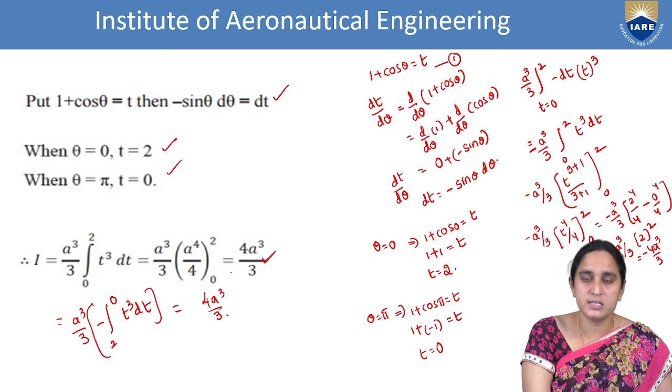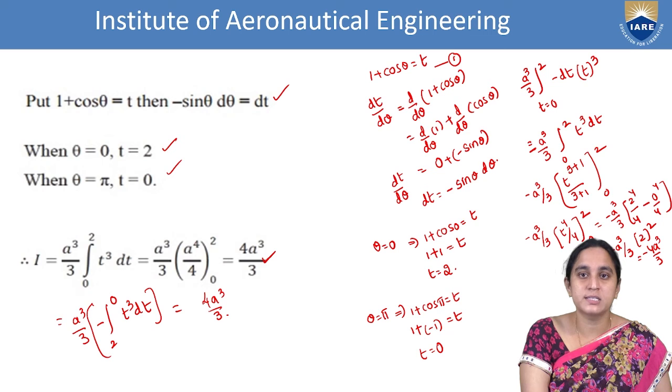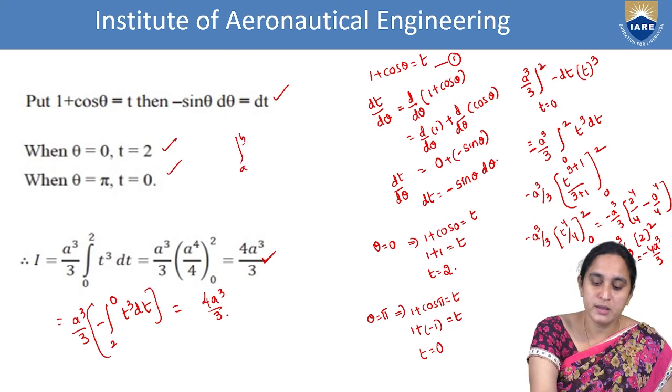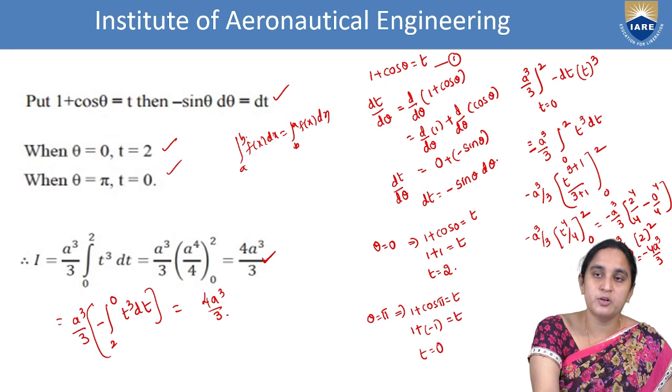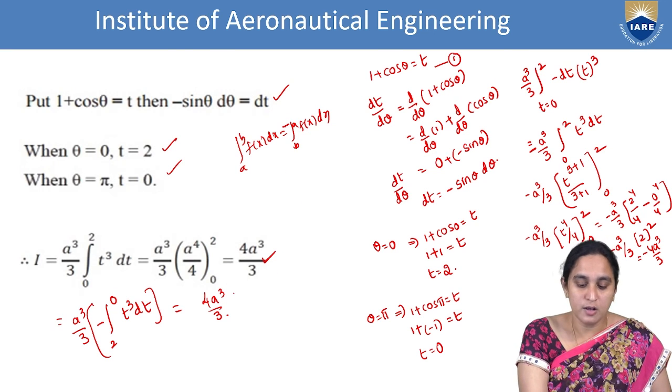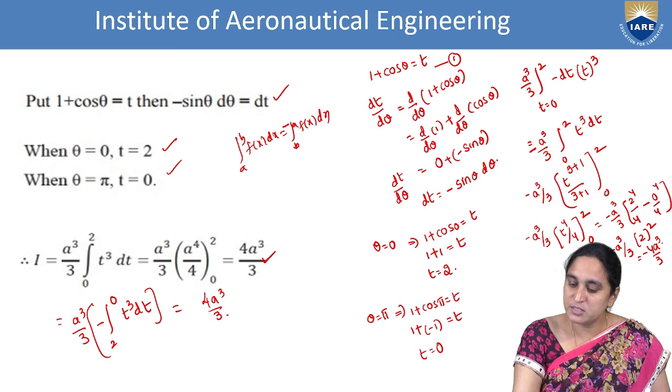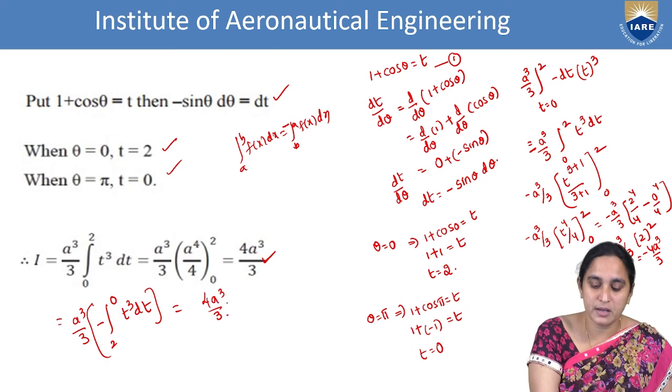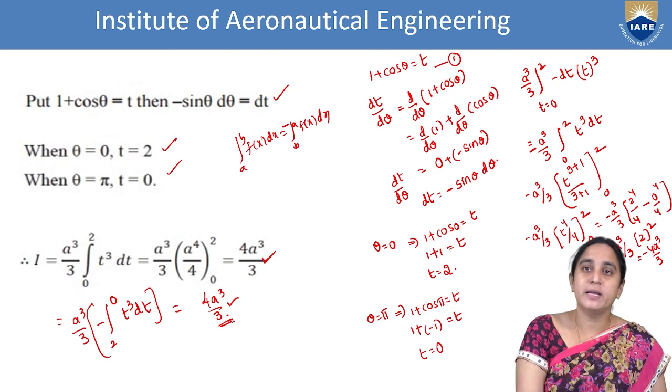For the positive value, I just exchange the limit values, upper as lower point and lower as upper point, with respect to one formula: integral a to b of f of x dx is equal to minus integral b to a of f of x dx. Once you observe, I change the limit points a to b to b to a, I assign a minus. Now I get the positive value. That means minus 4a cube by 3 will be converted to 4a cube by 3.